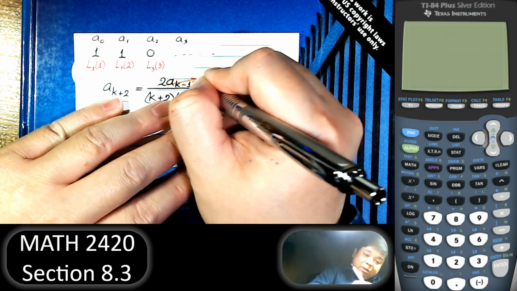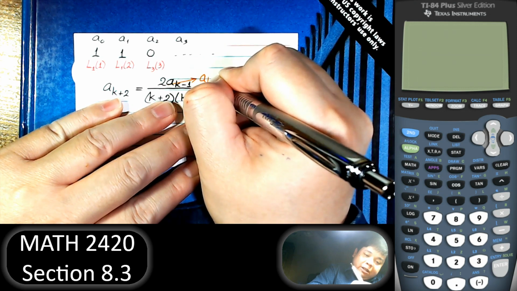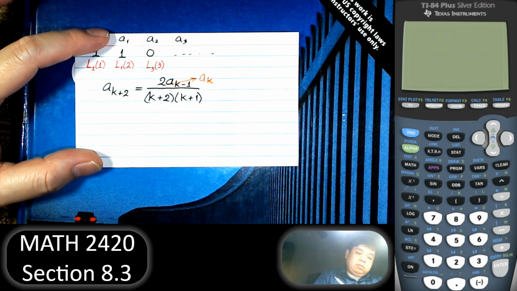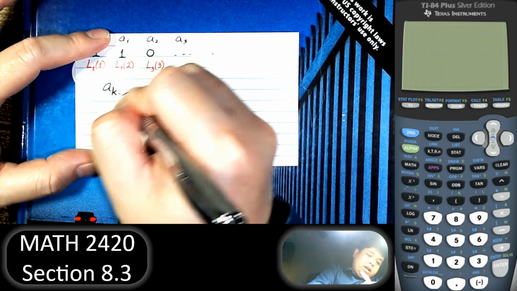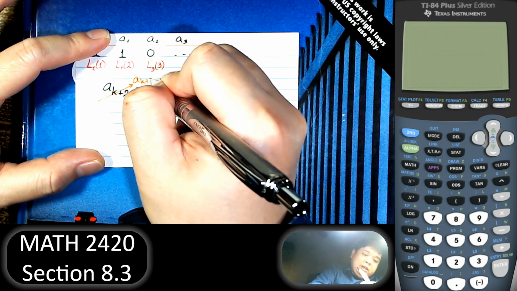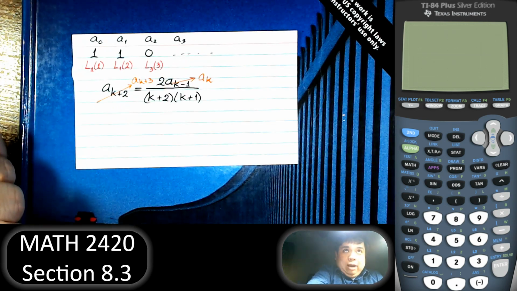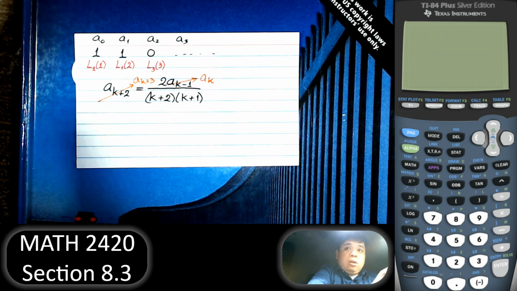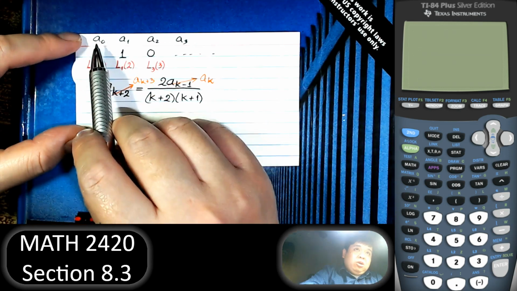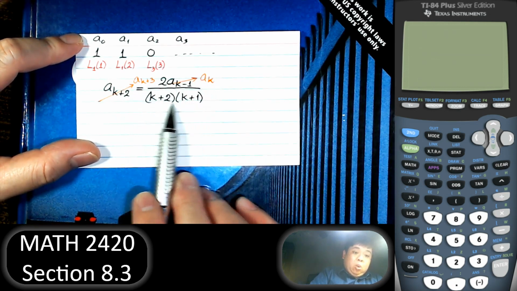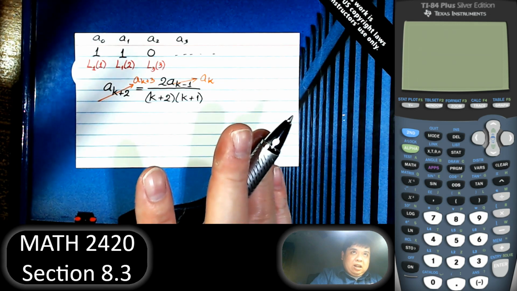Instead of a sub k minus 1, it becomes a sub k, and we change that to a sub k plus 3. We do that because the first term of the sequence in the calculator corresponds to a naught, so we have to accommodate. The k here, we don't do anything with it, so we keep it like that.